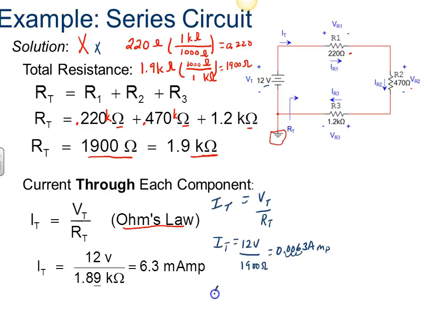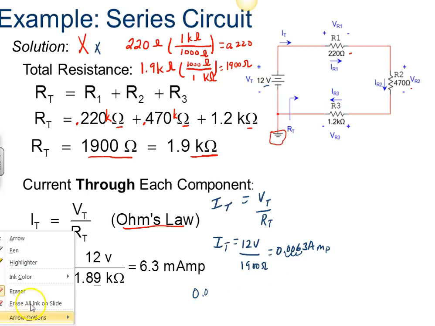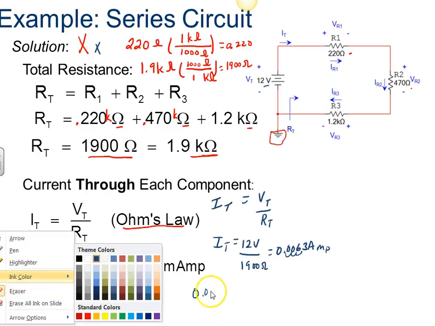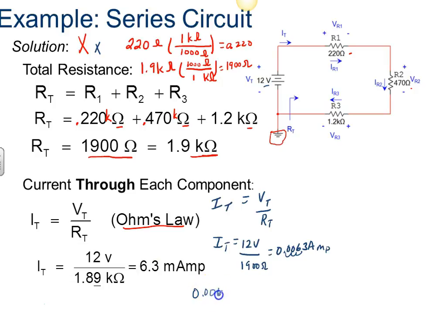But if we wanted to convert that, we would have 0.0063 amps, and using your dimensional analysis, we want milliamps over amps, and one of these is 1,000 of these, so that's going to be 6.3 milliamps.